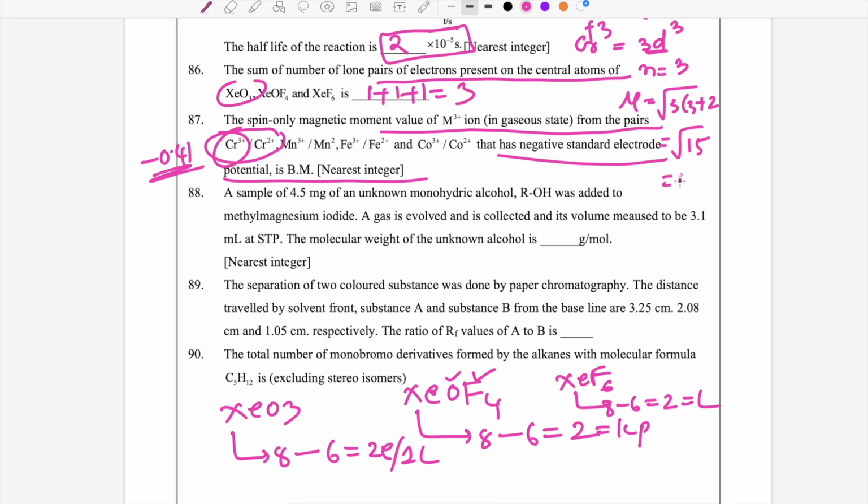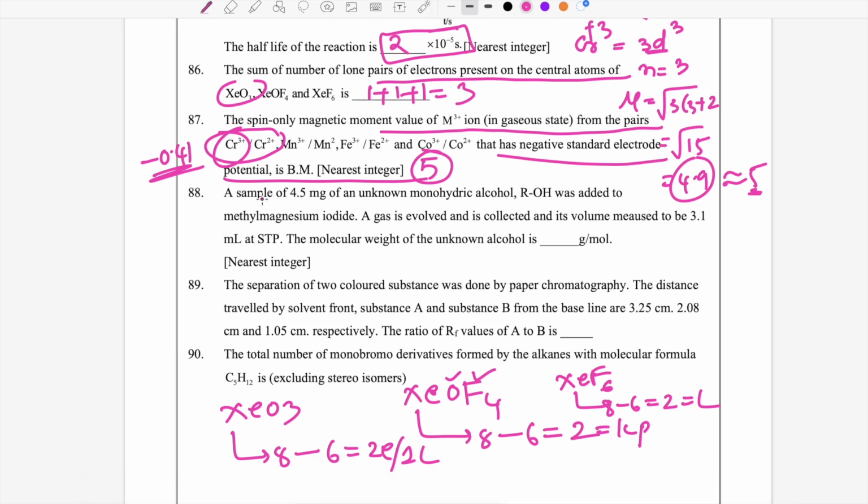Root 15 is about 4.9. The nearest integer is 5, so the answer for this 87th question is 5.